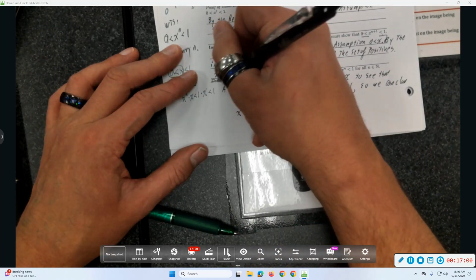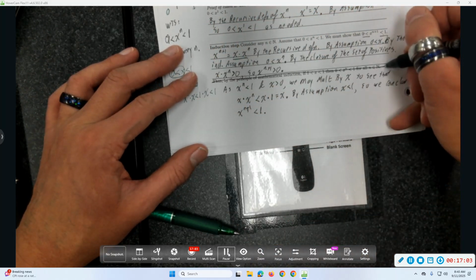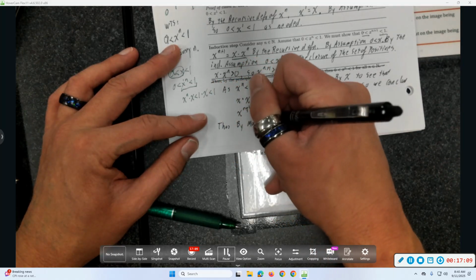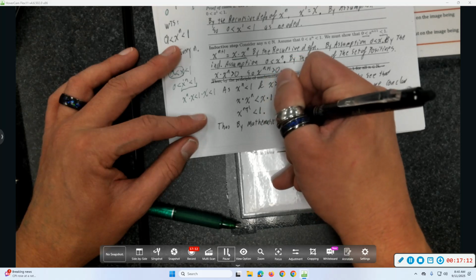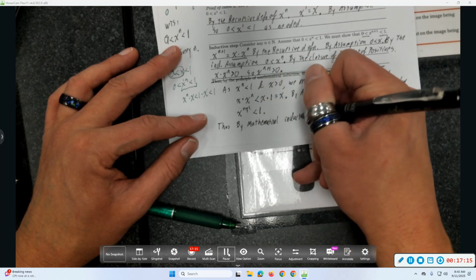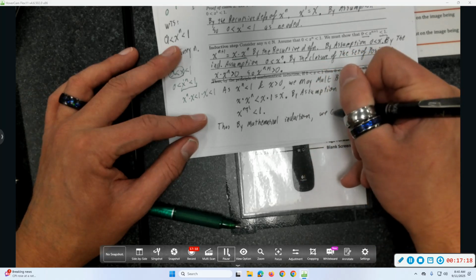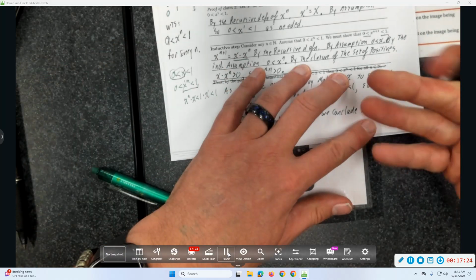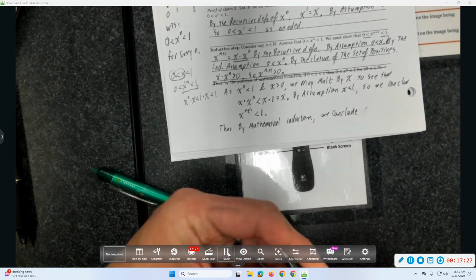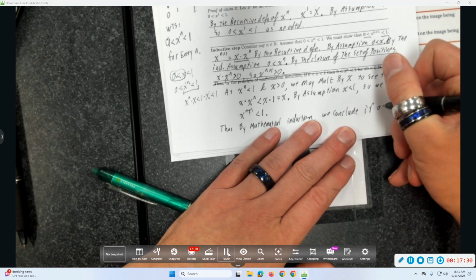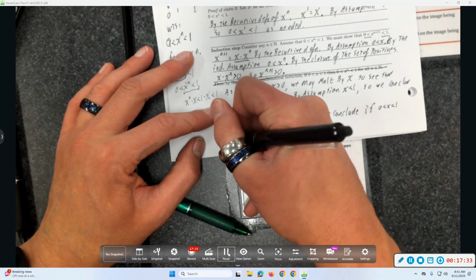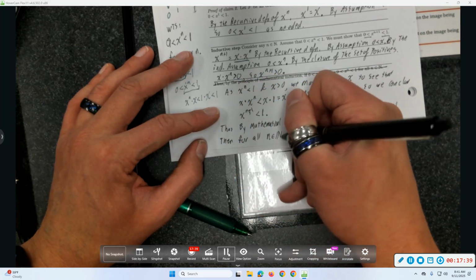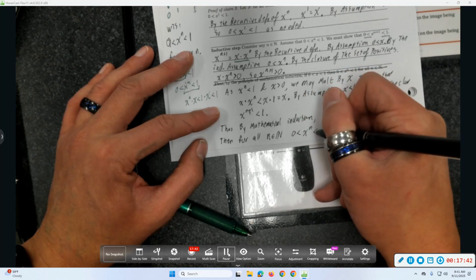And this sentence is now in the wrong place, so I'm just going to rewrite it. Thus, by mathematical induction, we conclude if 0 is less than x is less than 1, then for all n in N, 0 is less than x to the n is less than 1.